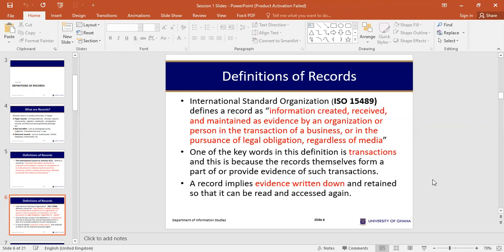At the University of Ghana, you pay your fees, you get communication, you take examination and all that sort of thing. You get your results reported. These are all transactions, and the records serve as evidence of the transactions. And then a record implies evidence written down and retained so that it can be read and assessed again. And that helps you to know what has transpired.